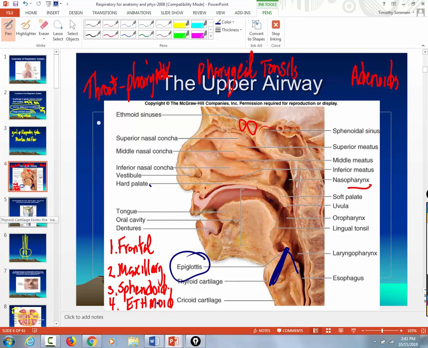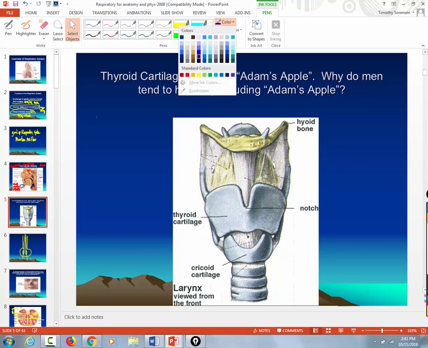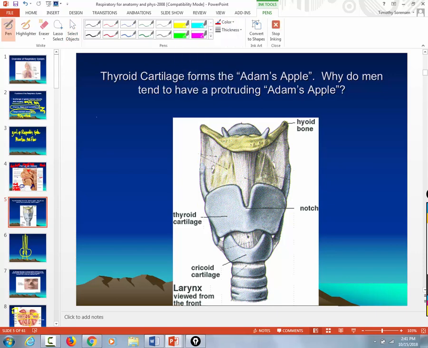Now, I'm going to show you the structure of the larynx. Another name for larynx is Adam's apple, and the larynx is actually made of 3 parts.